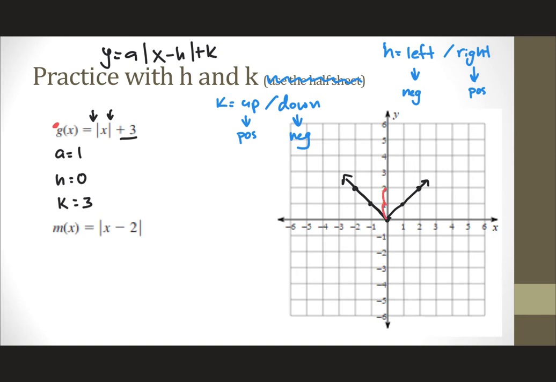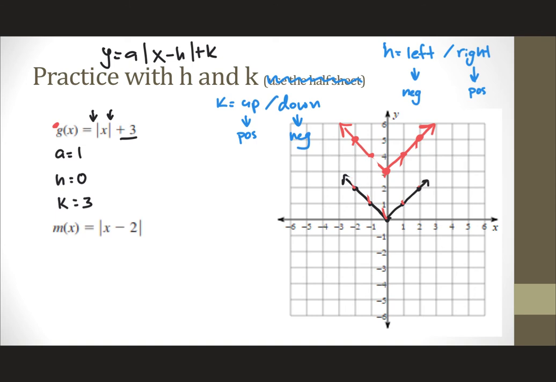So we go 1, 2, 3. There's my new vertex. And every point goes up 3 as well. And there is my new graph. I'll erase these so you can see it better.